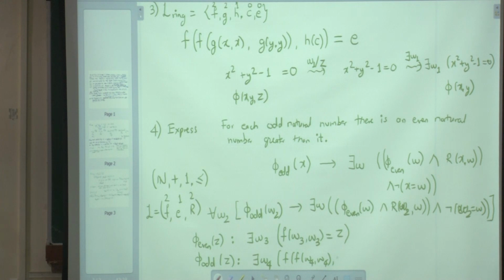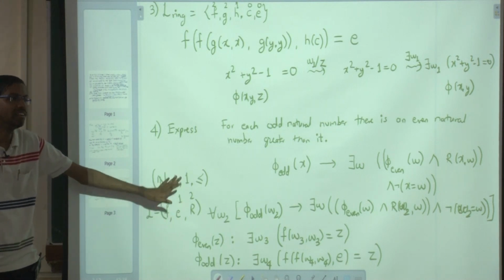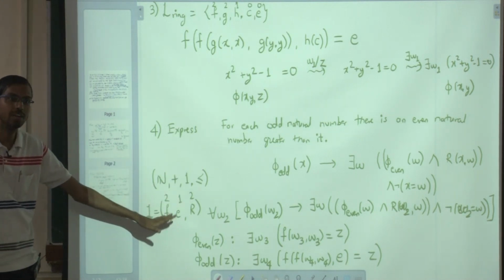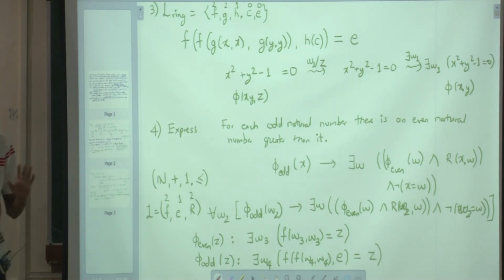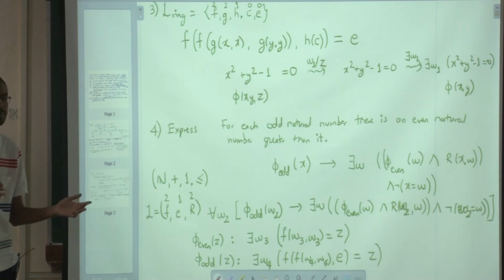E, right, E, and this is equal to Z. If you interpret your F, E and R in a different way, this particular formula will express something totally different. So converting our natural mathematical statements into formulas is perhaps easy, but interpreting them depends on the choice of structures.